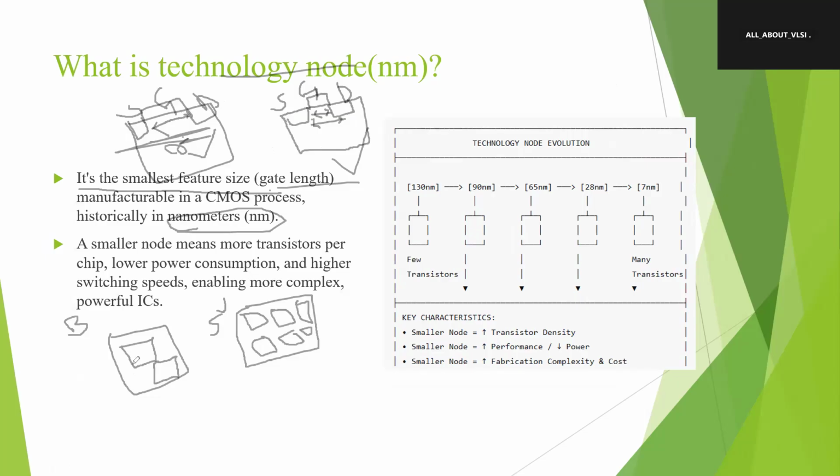So coming to these two, I'm having the same chip size, but I'm placing more transistors in smaller nodes compared to larger nodes. Why? Because of gate length, right?